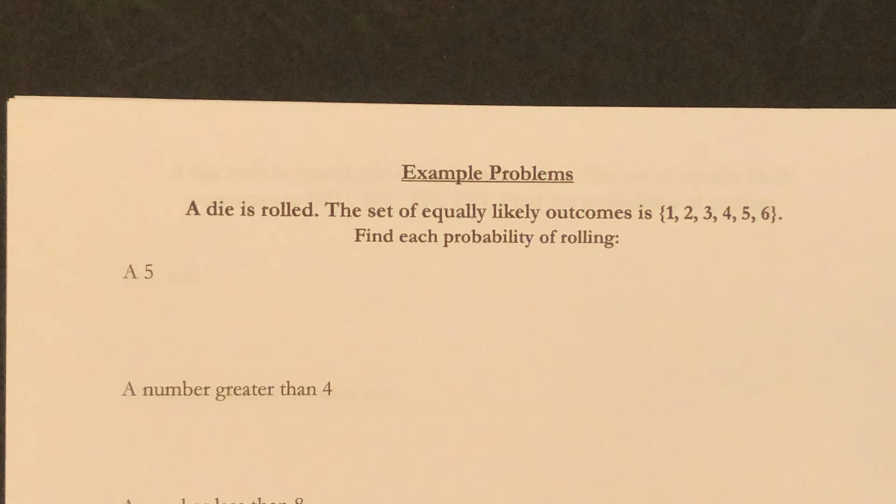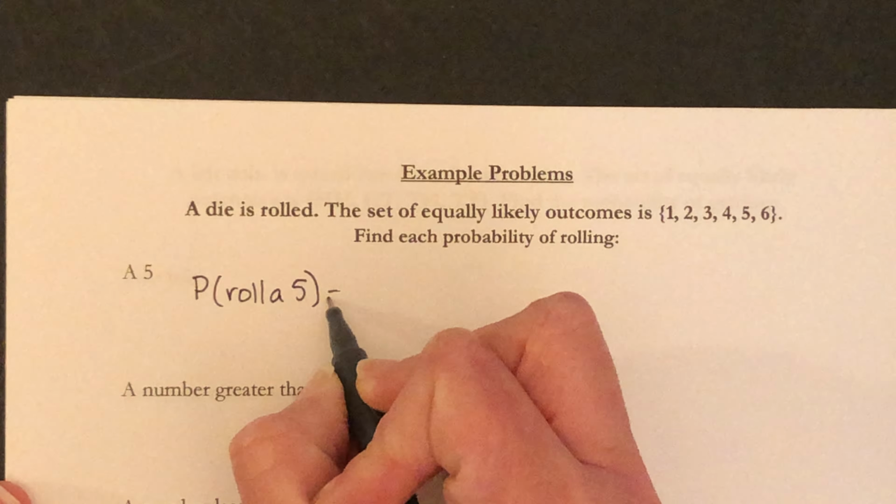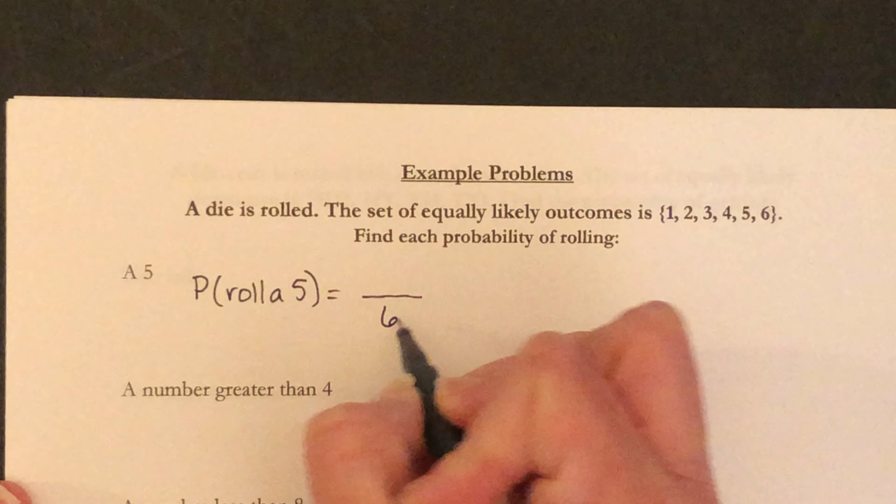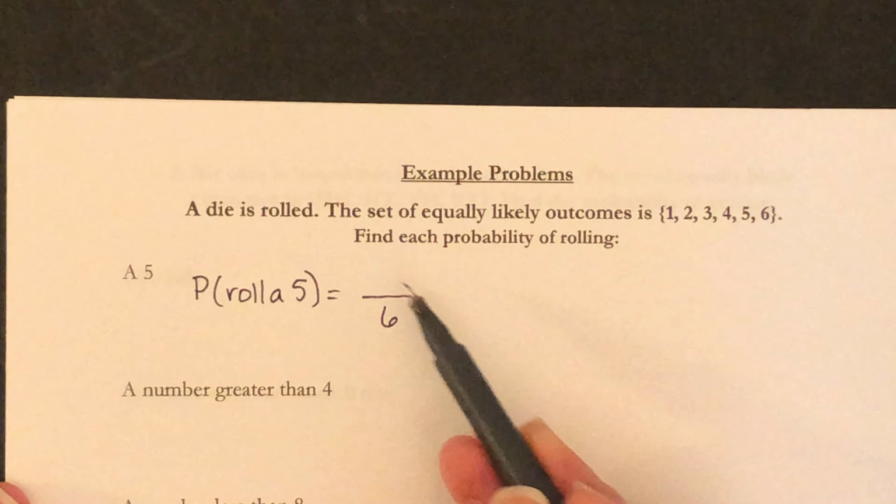The probability of rolling a 5 is going to be something over 6 because there are 6 different outcomes. How many different ways can we roll a 1? Only one way. So this probability is going to be 1 over 6.